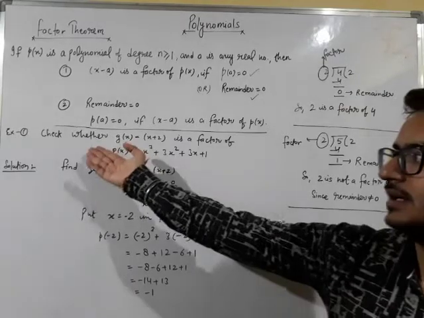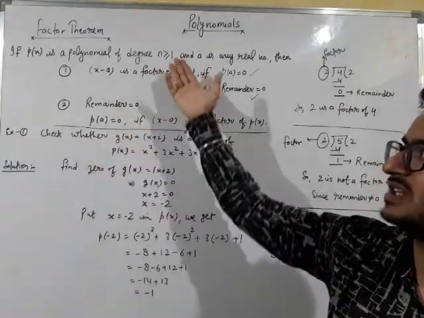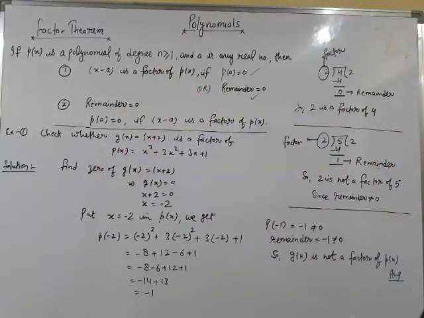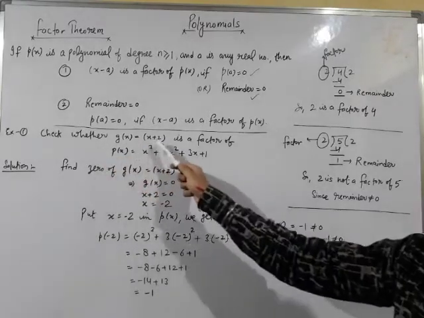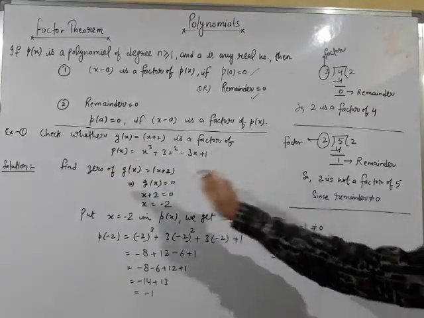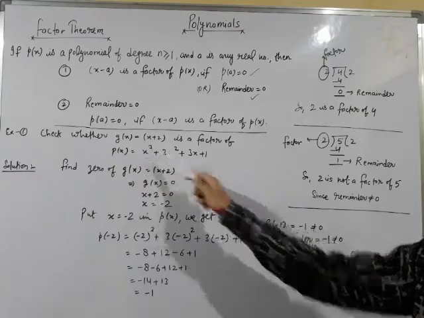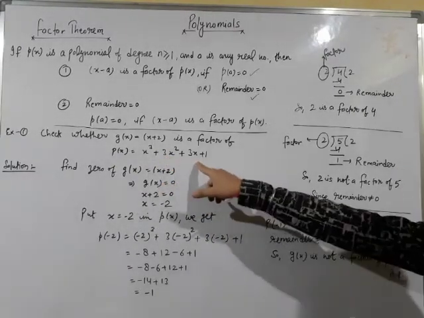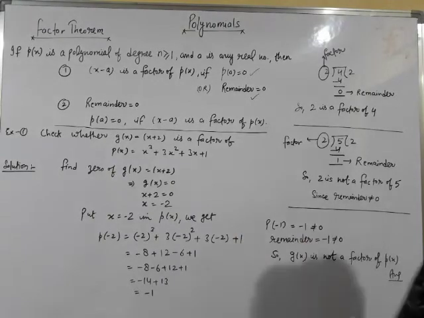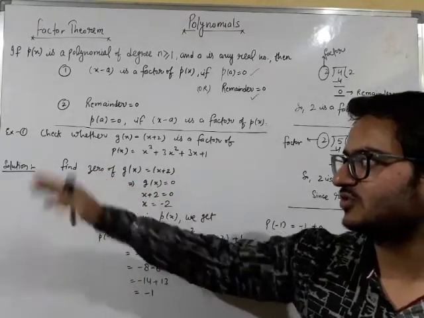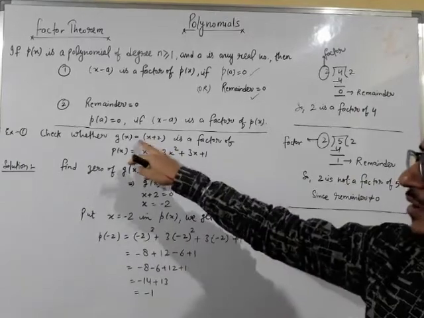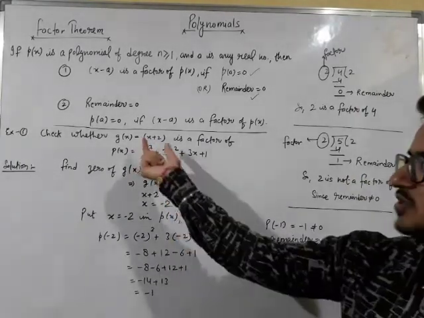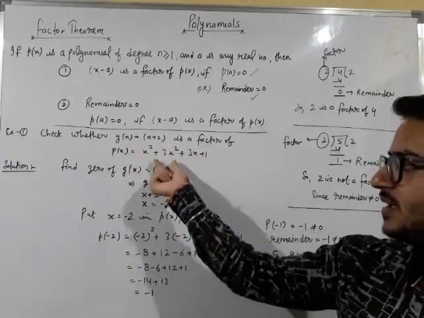Now example number 1, which is based on the factor theorem. Check whether g(x) equals x plus 2 is a factor of p(x), where p(x) is equal to x cube plus 3x square plus 3x plus 1. Solution: find the zero of g(x), because we have to check whether g(x) is a factor of p(x) or not.